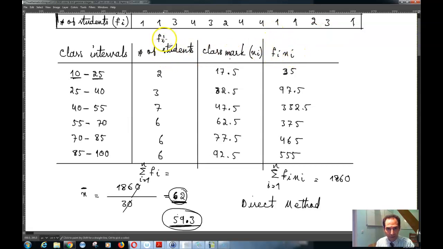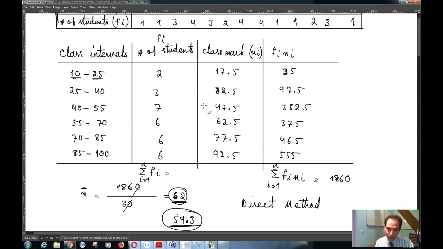Now over here you saw that when we wanted to calculate f_i times x_i, we had to calculate f_i times x_i. This is still not that difficult, but suppose that you have a bunch of such numbers and you want to calculate all of these numbers by these numbers, and suppose that these numbers are all large.